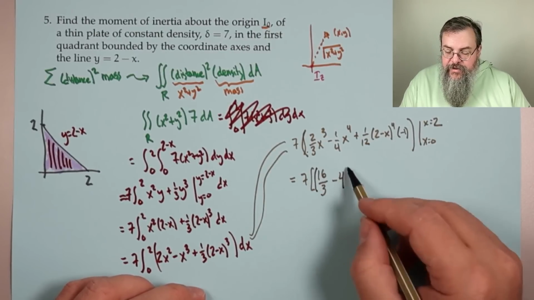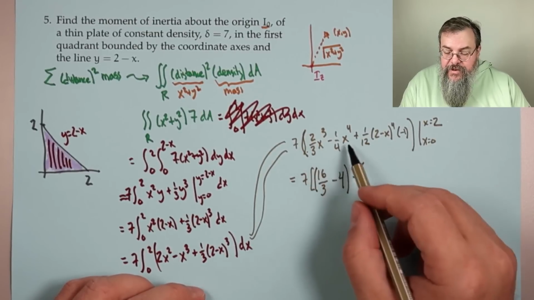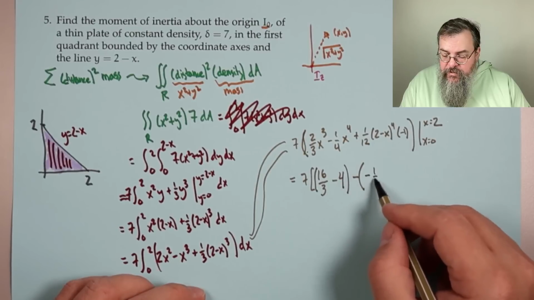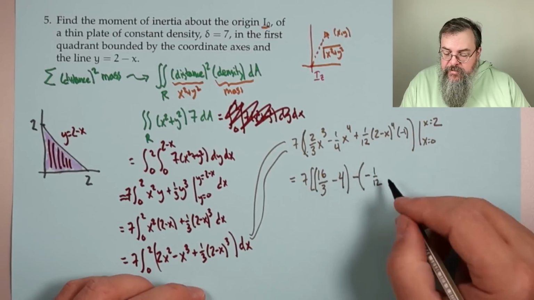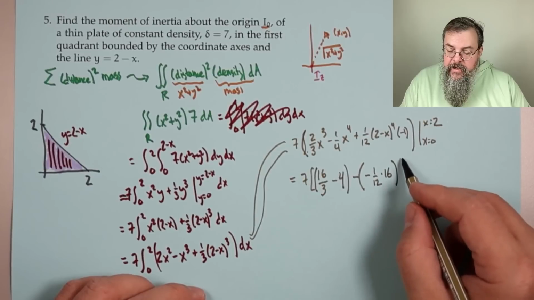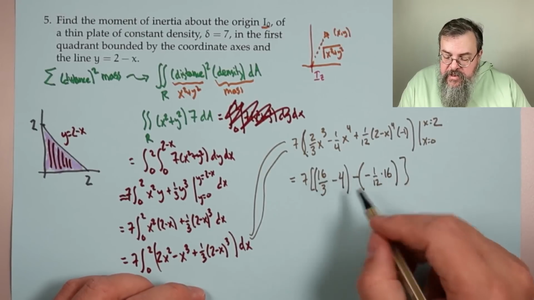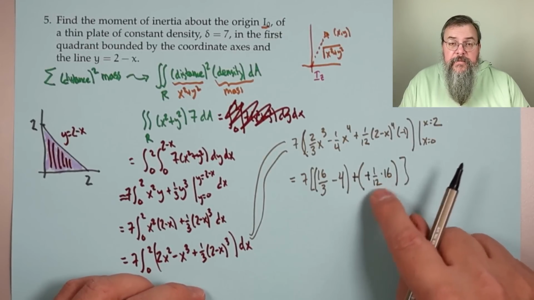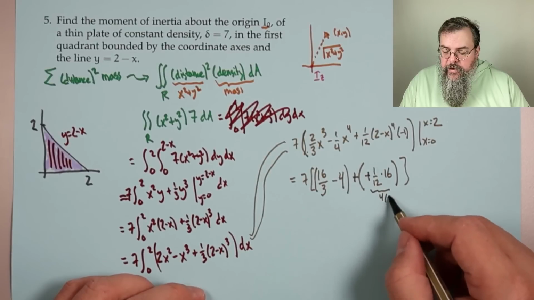All right, so 16 over 3, subtract 4, subtract, plug in 0. 0, 0, not 0. So it's going to be a minus 1/12, right? Minus 1/12, and then times 2 to the 4th, which is 16. All right, well, what is this? 12 goes into 16, and that would be 4, right? They both have a common factor of 4, and so this is the same as 4/3.